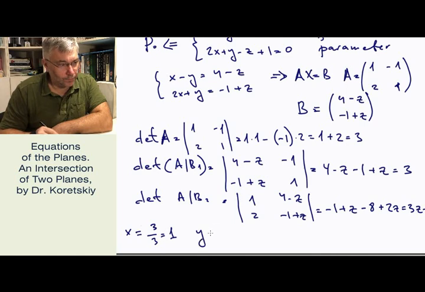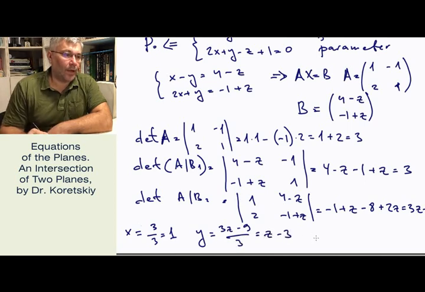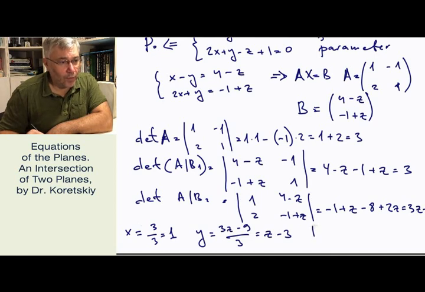Y equals 3z minus 9 over 3, and it is z minus 3. Okay, so any point which belongs to this straight line, which is the intersection of the two planes, I can write as P with coordinates 1, z minus 3, and z.